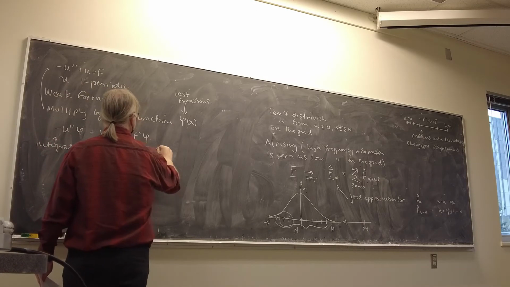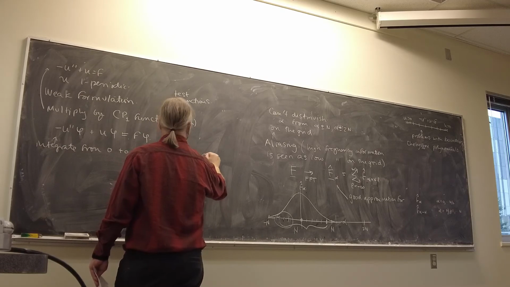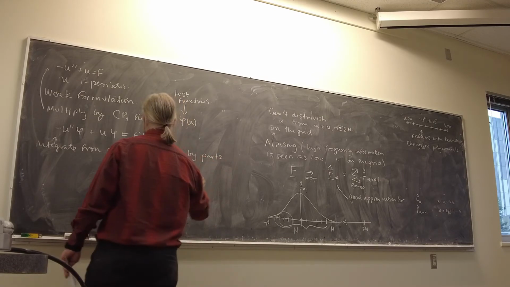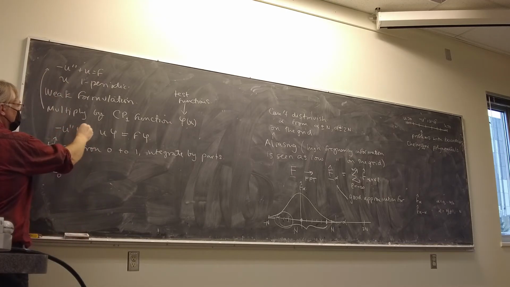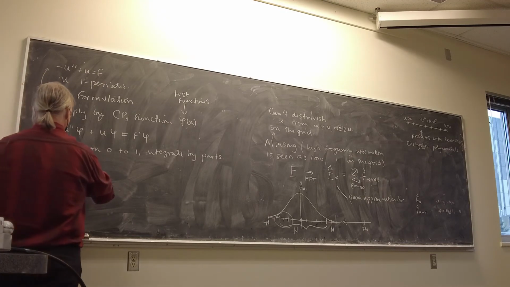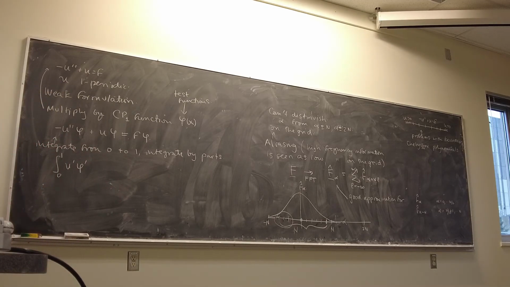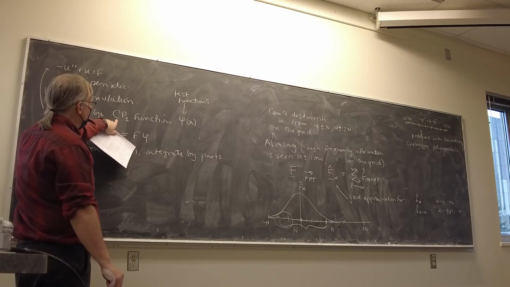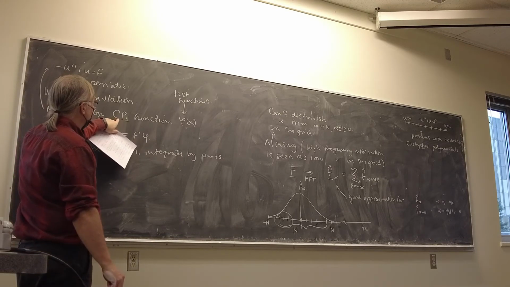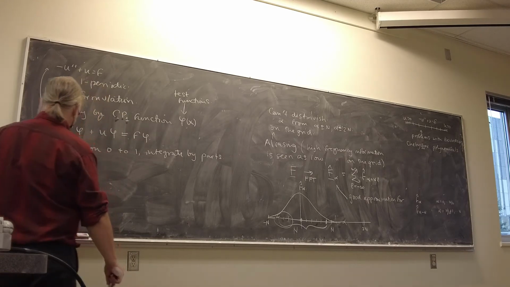And I'll integrate by parts. Integrating by parts, I take a derivative and I move it over there. And there's no boundary terms because u is periodic and phi is periodic too. The CP1, this is continuous functions that are periodic, and also the first derivatives are continuous and periodic. Okay.